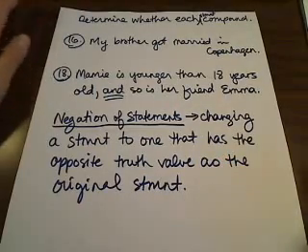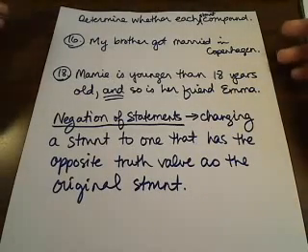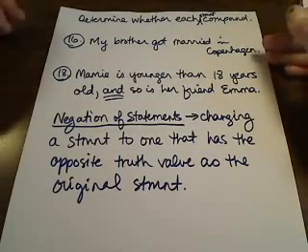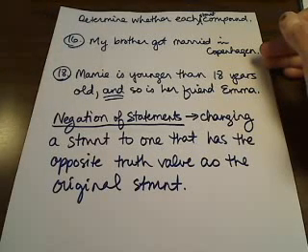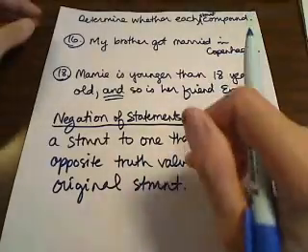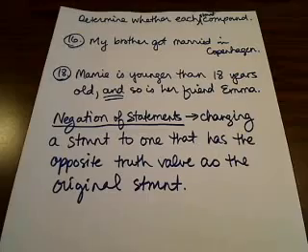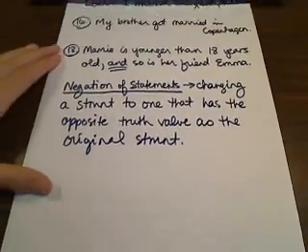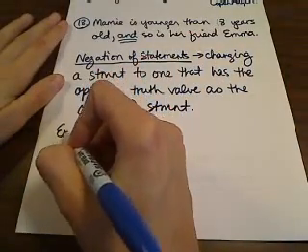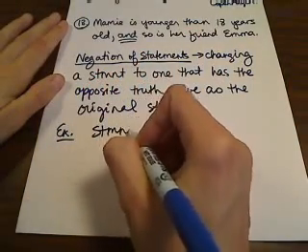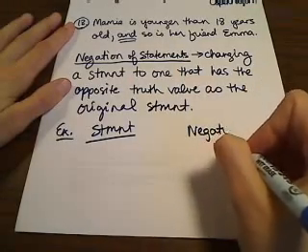Okay, so what that means is, if your original statement has a truth value of true, then when you change it, you want to change it in such a way that the resulting negation is false. So you're just changing it back and forth. Okay, let me just give you an example here. Let's say I've got some statement, and then I want to talk about its negation.